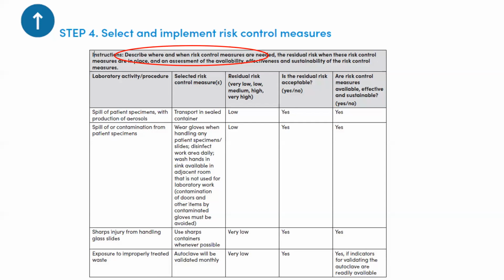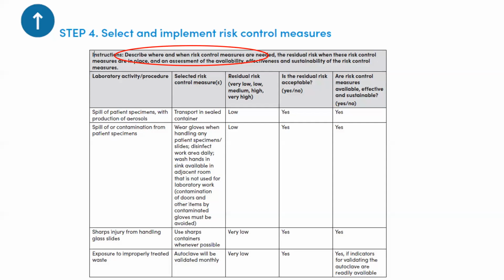And is it acceptable? In both cases, they say yes. And the measures are sustainable. They haven't really added any particular PPE. They're just changing their practices to the extent where they're improving their best practices during their work, changing the sink so they're not washing their hands in the same sink they're staining in, and so on.